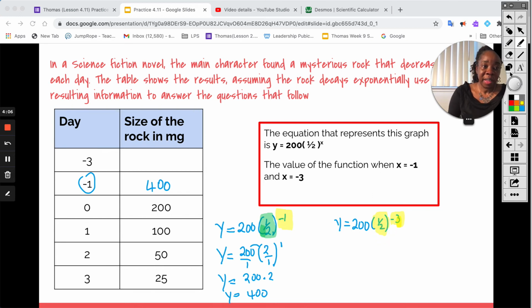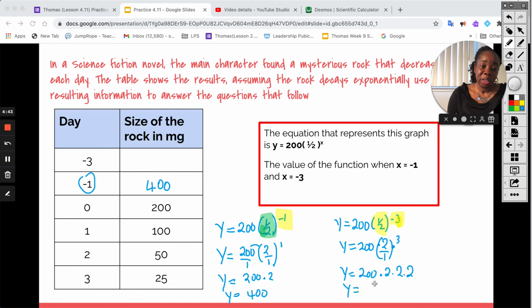So we're going to flip that, which means that y is equal to 200 times, what's the reciprocal of 1/2? That's 2 over 1, and we're going to raise that to the positive power now. So y is equal to 200 times 2 over 1, which is the same as 2, so that's 2 times 2 times 2.